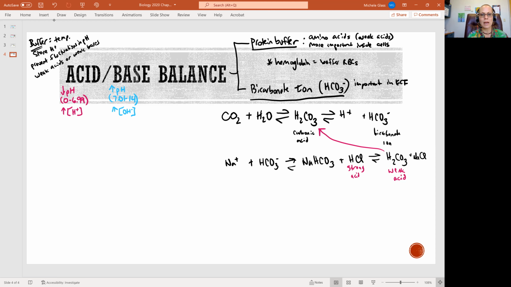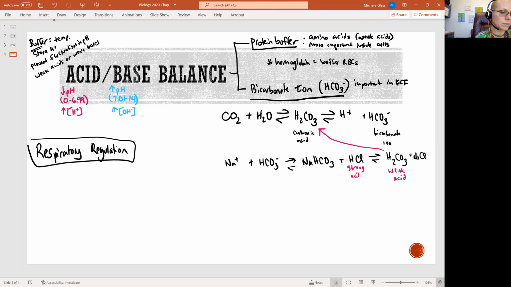Now, when we're talking about acid-base balance, we'll see that we get regulation from the respiratory system, respiratory regulation, and from the urinary system. So when we talk about respiratory regulation, if we increase our amount of CO2 in our bodies, what we're really doing is increasing our amount of carbonic acid, which is going to be lowering our blood pH.